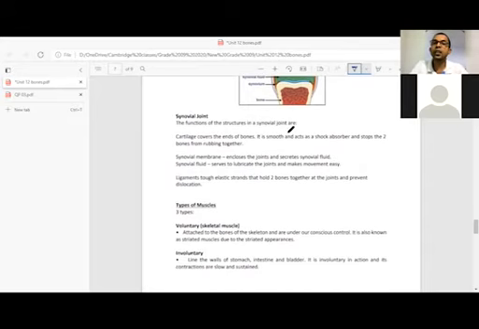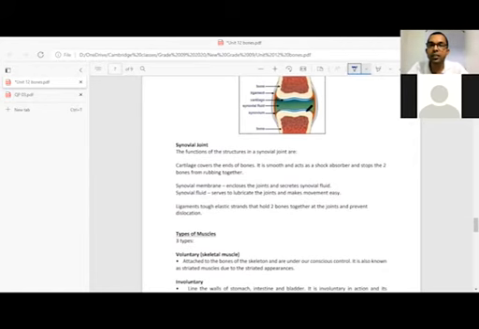When considering the functions of these synovial joints, cartilage covers the ends of the bones like this. These cartilages act as shock absorbers because they are very smooth and soft. Also there is a particular membrane, called the synovial membrane, which we can see here.